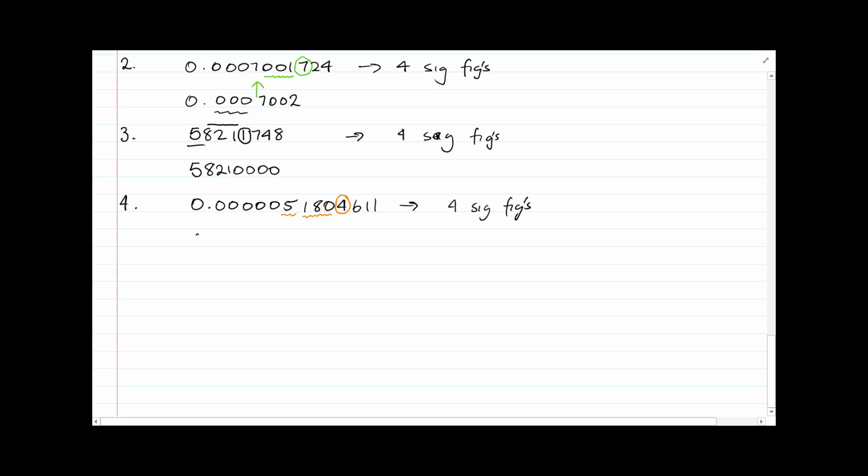So I am rounding down because it's a 4, 0.00005180. Now because I needed 4 significant figures, this 0 is still important. So it gives an indication of what rounding would occur should we take or do something else with it. And it's still important to have that 0 because it has been specifically asked for here.